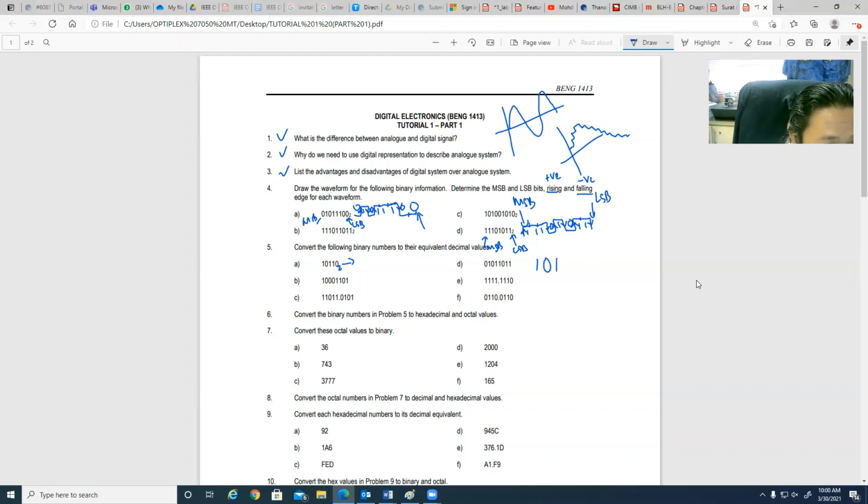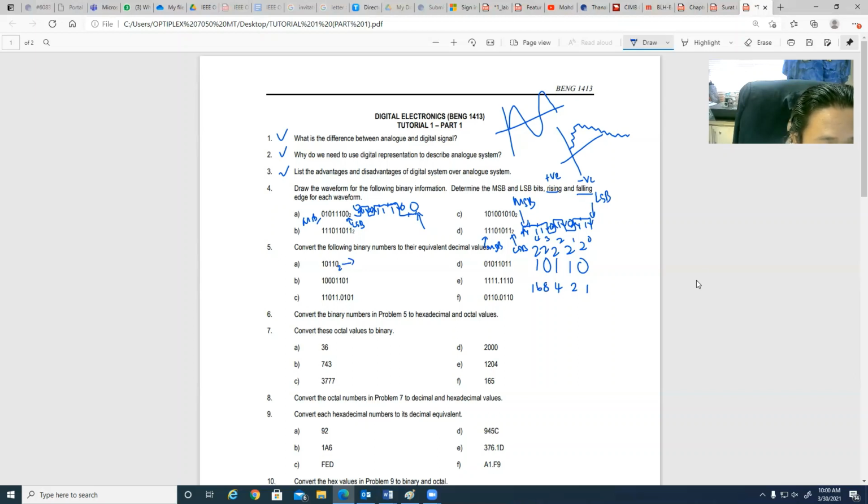0 1 0 1 1. So this is 2 power of 0, 2 power of 1, 2 power of 2, 2 power of 3, 2 power of 4. So this one will be 1, this one will be 2, this one will be 4, this one will be 8, this one will be 16.